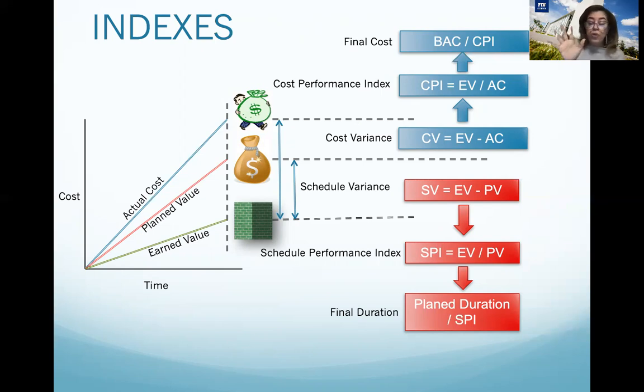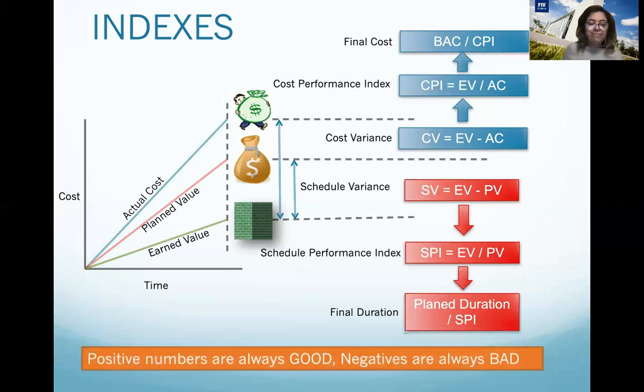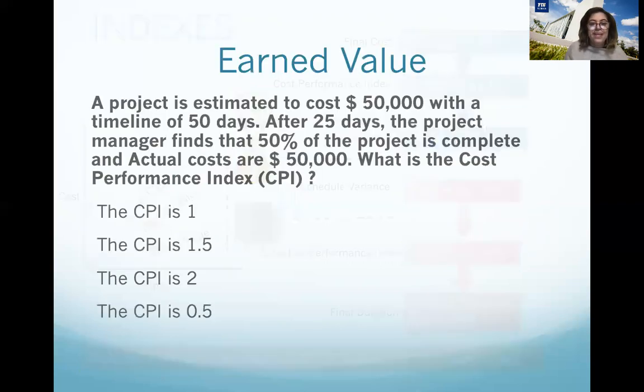Those are the formulas we need to understand and apply for the exam, and also understand what it means when you receive a positive or negative value, or a value less than 1 or greater than 1. Positive numbers are always good and negative numbers are always bad.